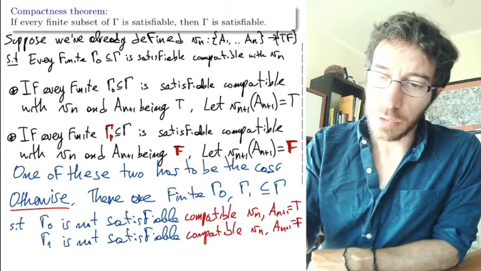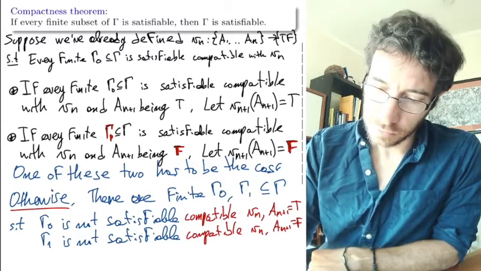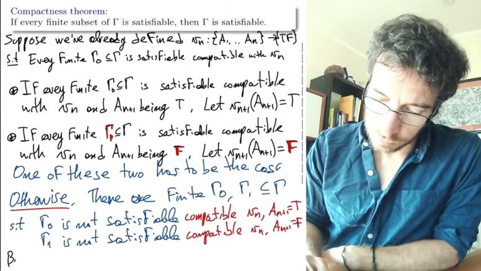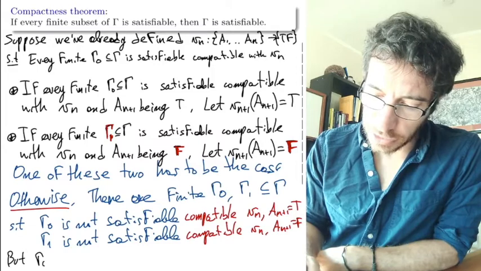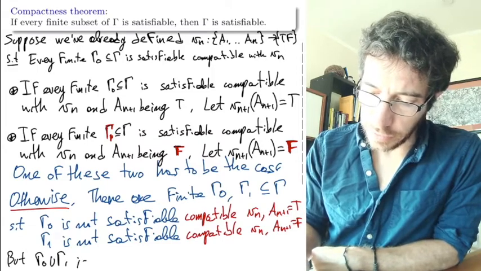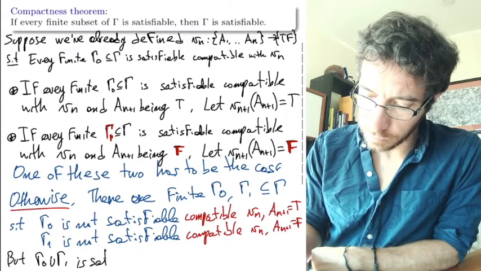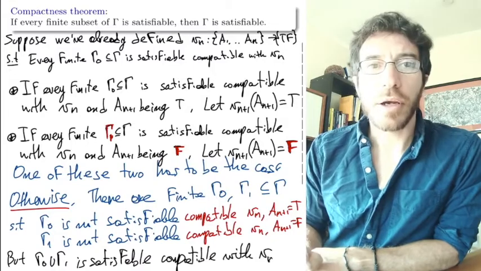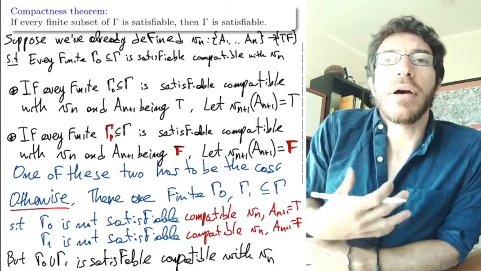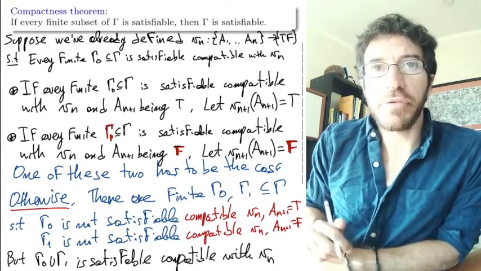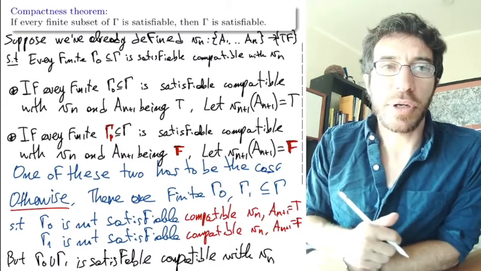But then how are you going to get the contradiction? But gamma 0 union gamma 1 is satisfiable, compatible with Vn. So there is some truth assignment that is compatible with Vn that makes gamma 0 union gamma 1 true.